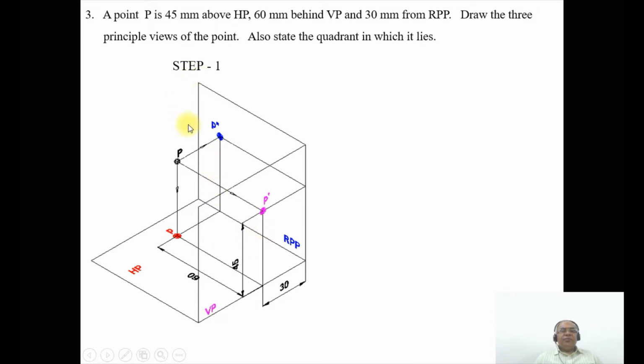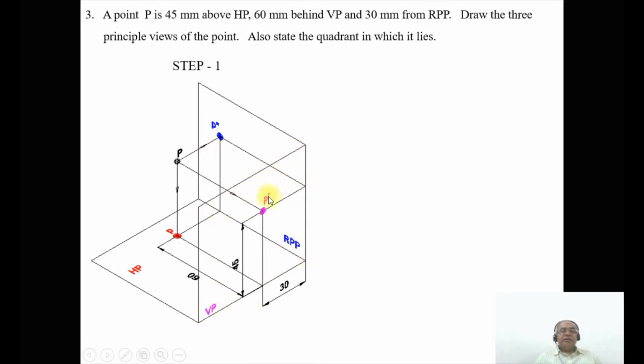Then when you look from the top view, the image will fall directly on the horizontal plane. The distance you can see on the horizontal plane is the distance with respect to the vertical plane. So the distance behind VP is 60 mm. This is the vertical plane we are talking about.